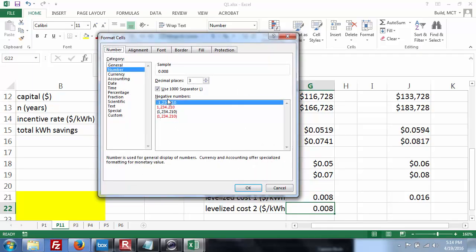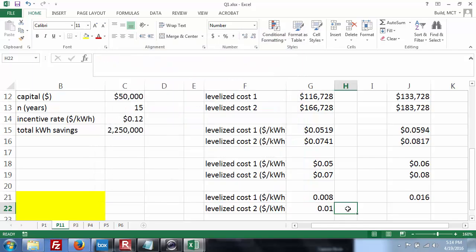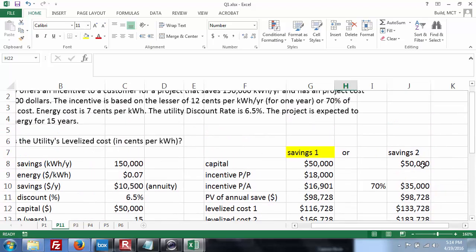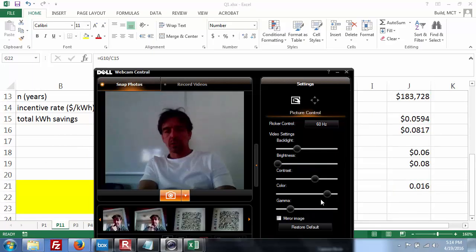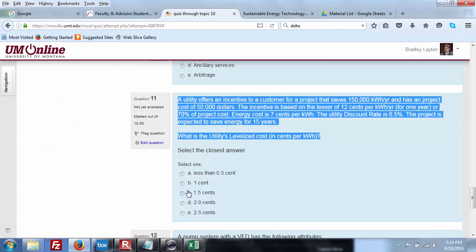If you change that to a single decimal place, it's a penny per kilowatt hour. This other scenario is not going to fly because they don't want to pay you the 35K. So the answer here should be just that 1 cent.